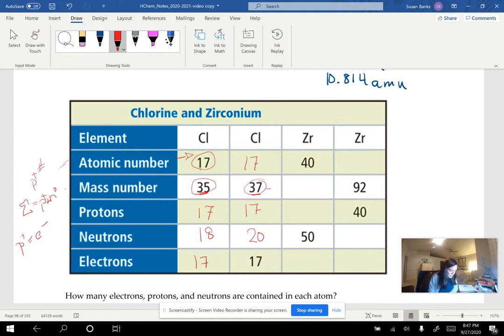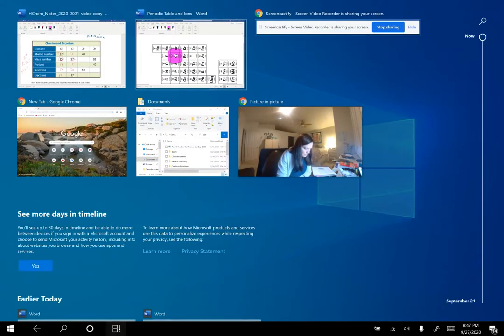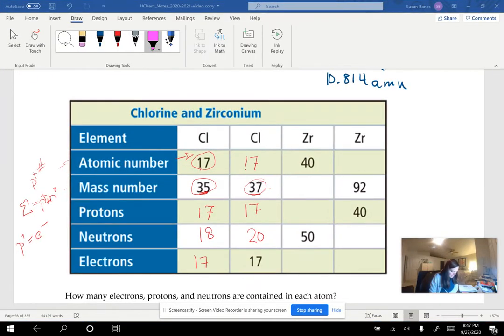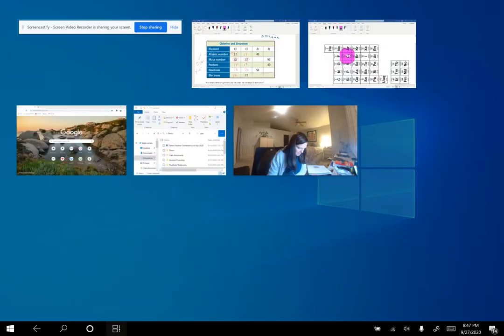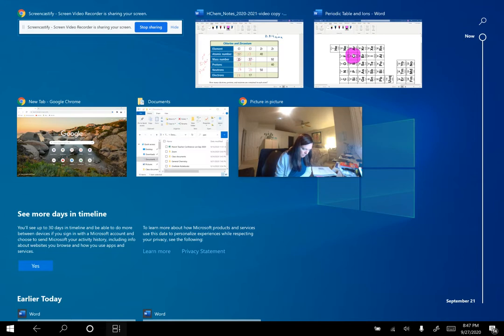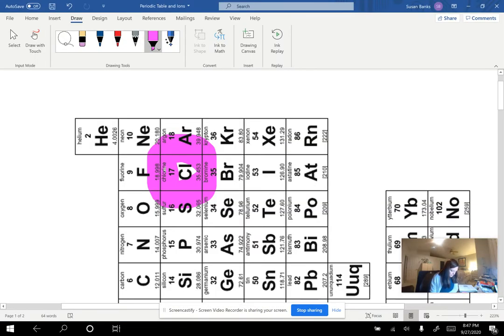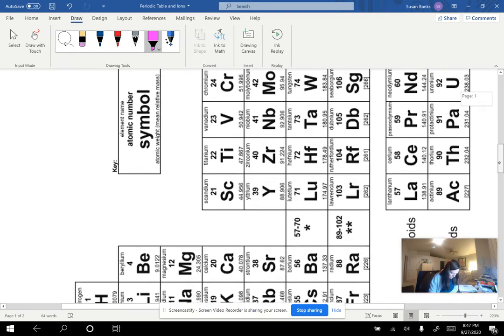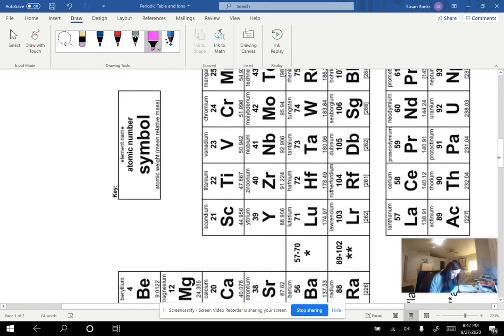Okay, so let's look at this next one, zirconium. So we have an atomic number of 40. Let's check it just to make sure on our periodic table. So if I check zirconium, zirconium's right here.